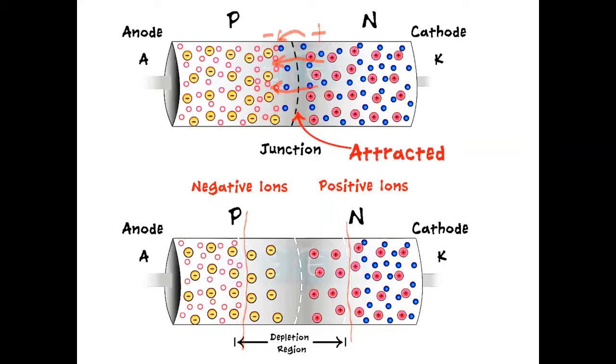The moving of the free electrons will stop because they are repelled by the negative ions. That means the movement will stop at a certain thickness of the depletion layer.